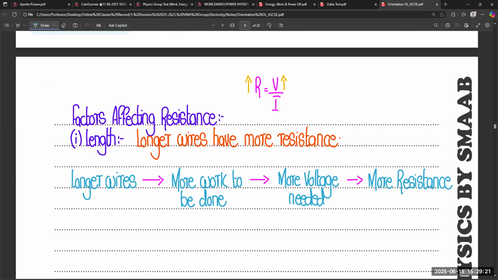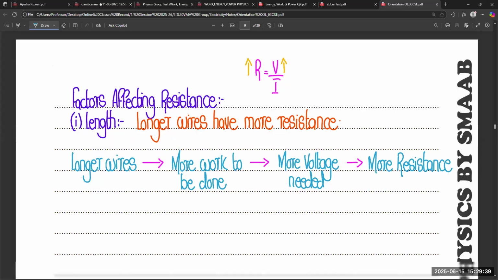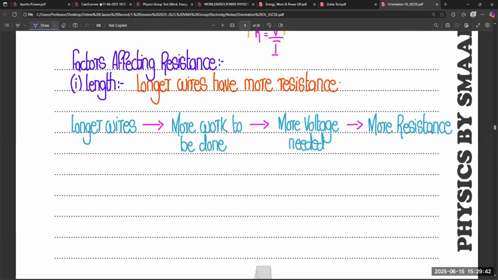If we have thick wires or thin wires, let's see what will be the difference if we are using a different thickness of wires.